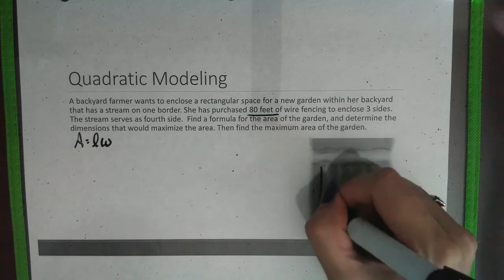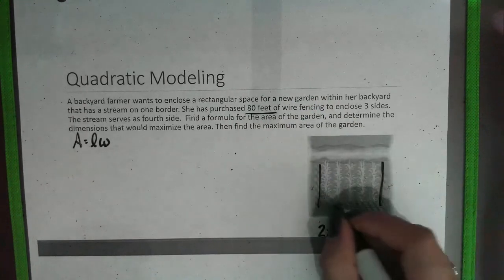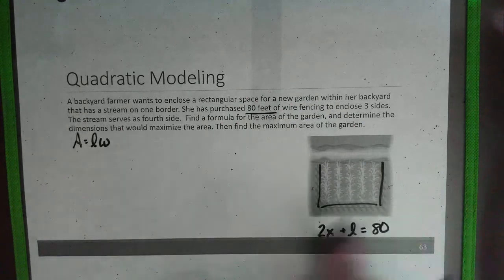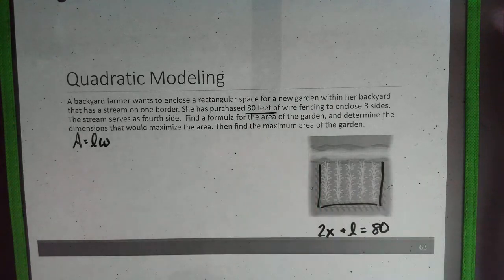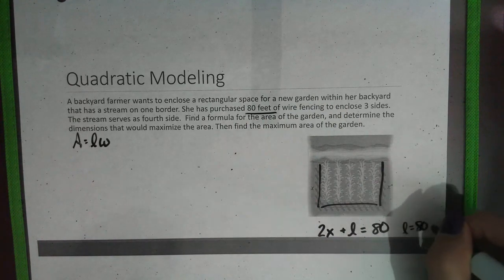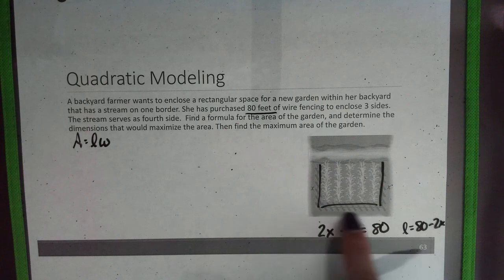So we know that x plus x, which is 2x, plus the length of the garden has to equal that 80 feet because the stream is bordering the 4th side. So we just need to add up these 3 sides to get 80. So to find the length, I can subtract the 2x over, and I get the length is 80 minus 2x, which should make sense because you're going to use whatever's left over from the 80 feet on this side after you take out x for those 2 sides.